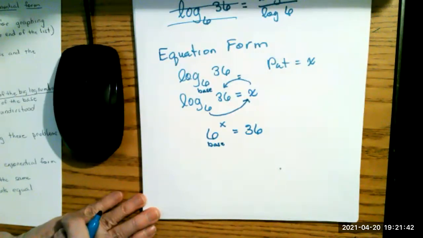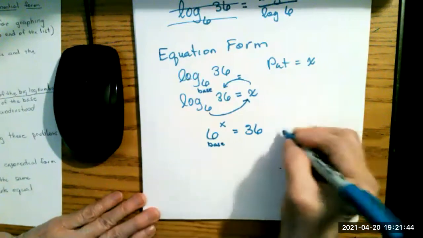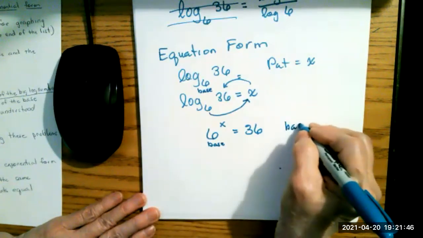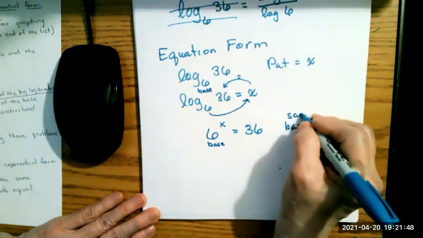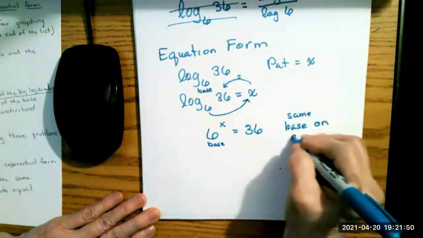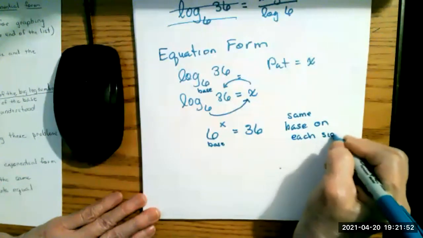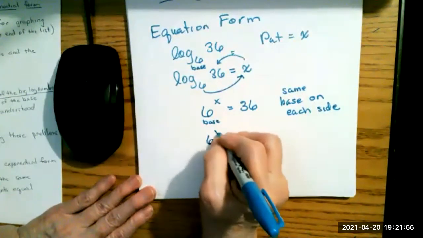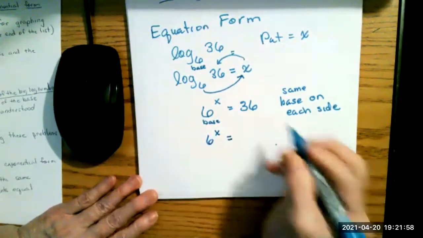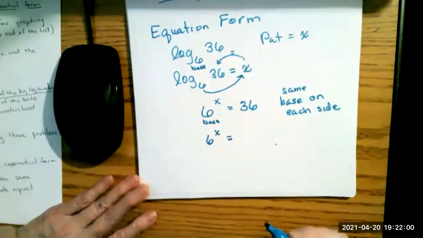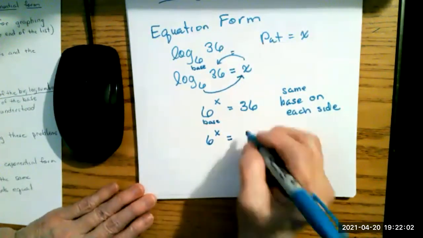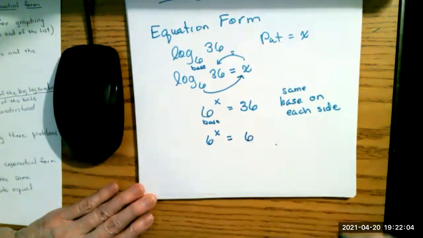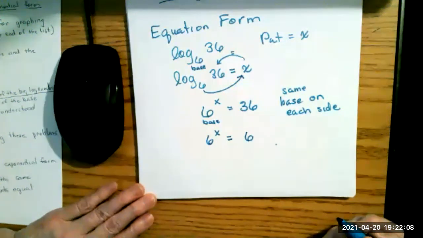So your goal is to try to get the same base on each side. My base is 6 and I have an exponent of x. Is there any way I can change 36 to a base of 6? Is 6 to the something 36?